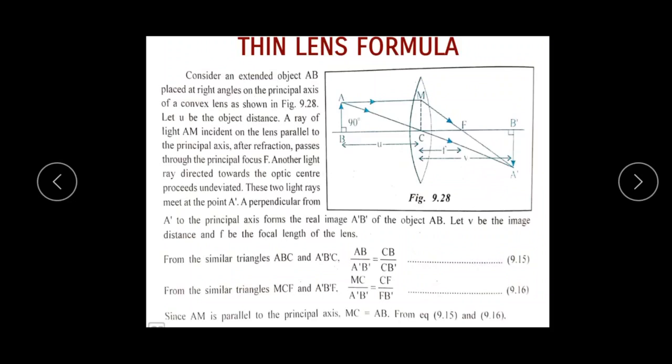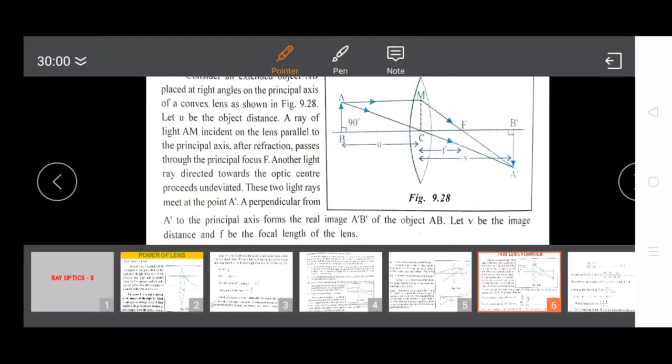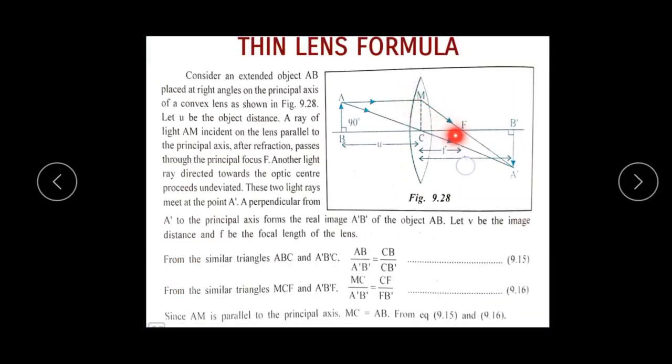A ray of light. If you want an image, a minimum of two rays are required to produce the image, in which the first ray is AM. AM is an incident light ray parallel to the principal axis, which after refraction passes through the principal focus. F is the principal focus.